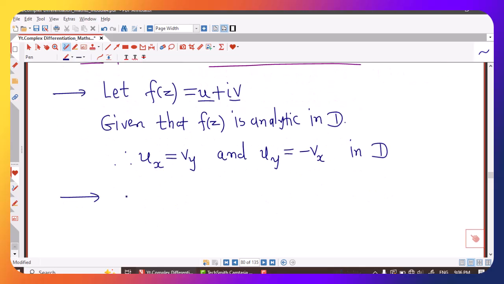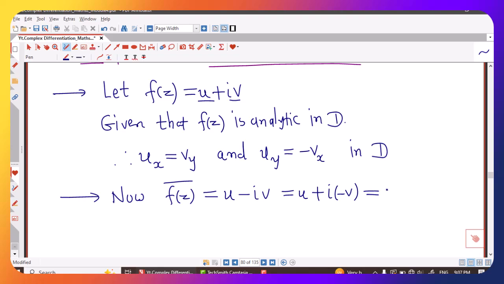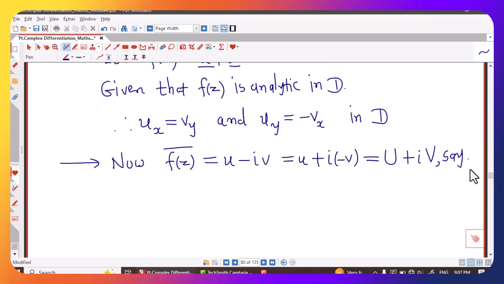Now if f of z is u plus iv, then conjugate of f of z will be equal to conjugate of u plus iv, that is u minus iv, or we can rewrite this as u plus i into minus v. Suppose we assume that this is equal to capital U plus i into capital V, then we find that capital U equals small u and capital V equals minus small v.